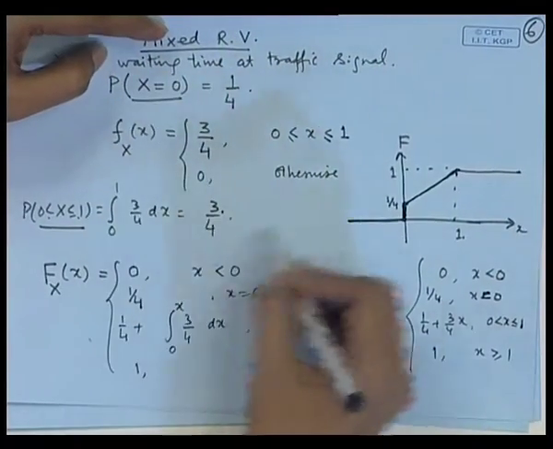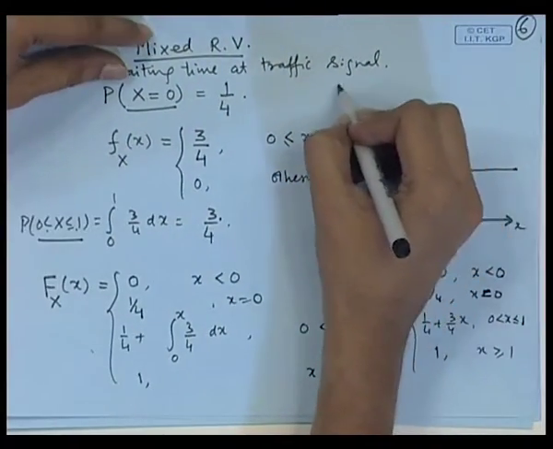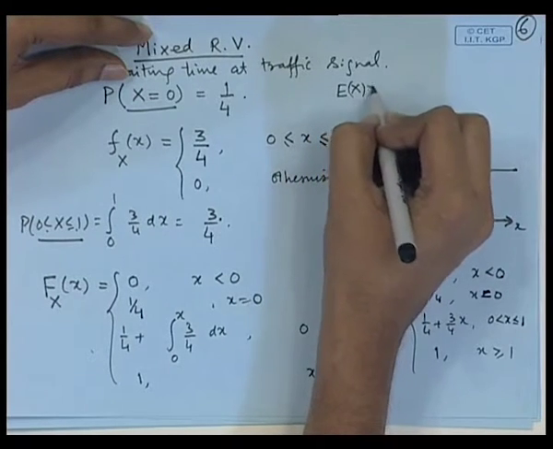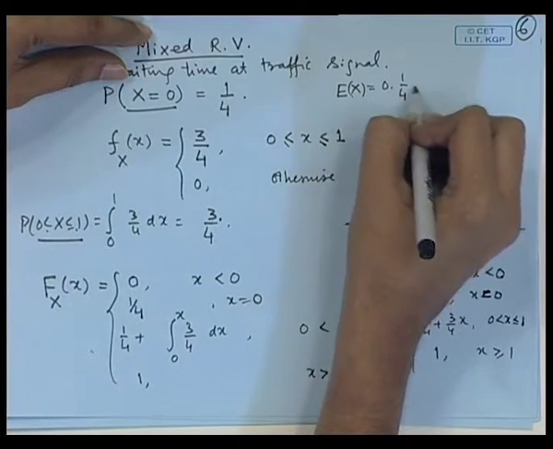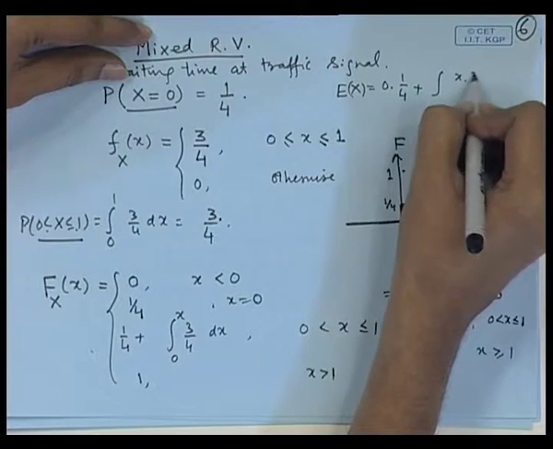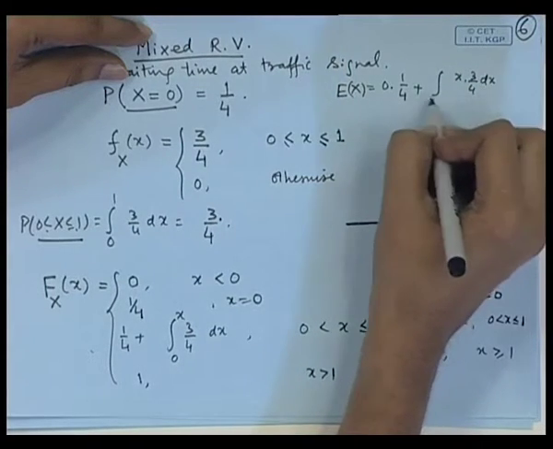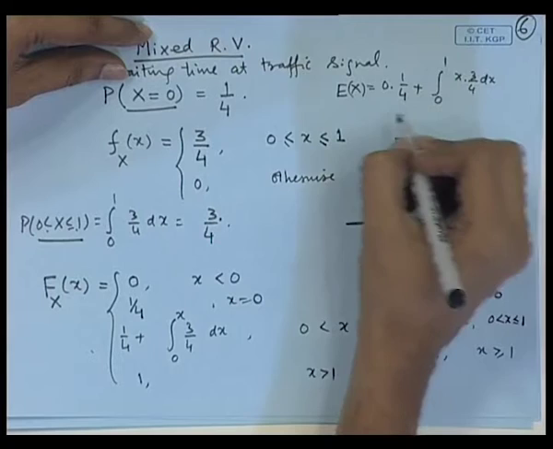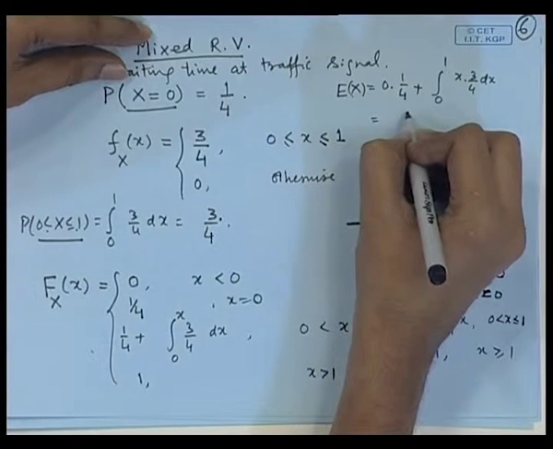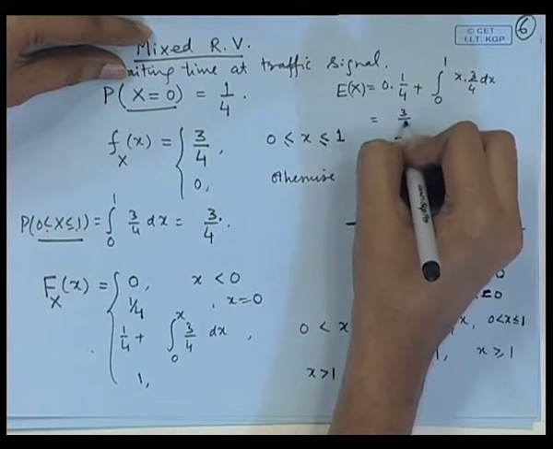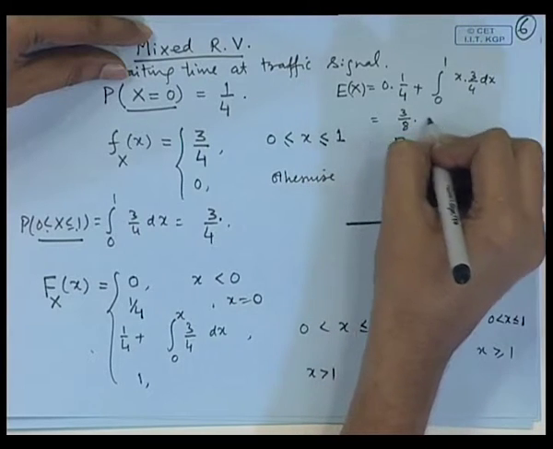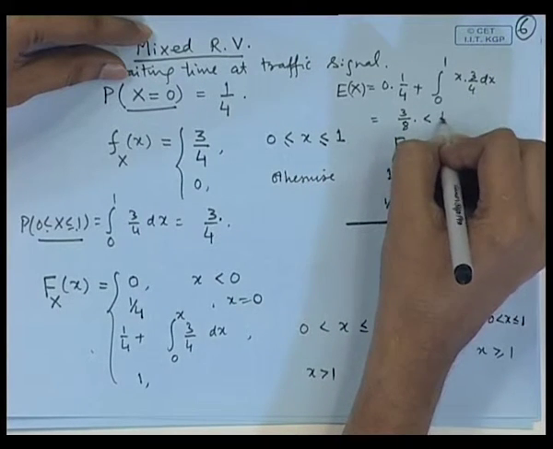Let us look at an example of this mixed random variable. Here expectation x will become equal to 0 into 1 by 4 plus integral of x into 3 by 4 dx from 0 to 1. So, this is equal to 3 by 8, which is actually less than half.